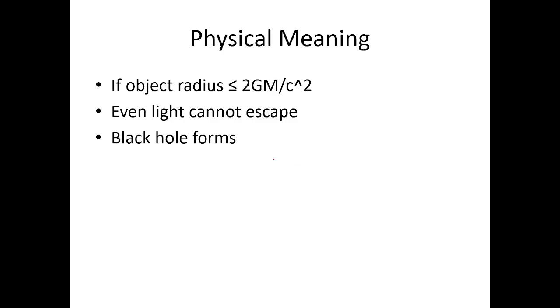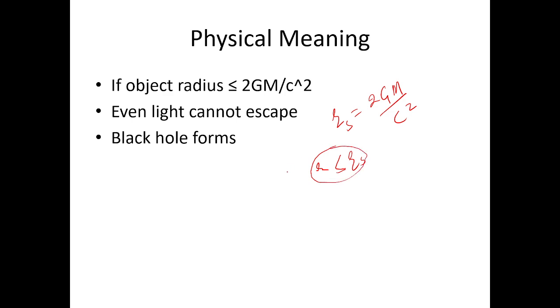So for an object whose radius is less than the Schwarzschild radius, where the Schwarzschild radius is 2GM over c squared, if r is less than or equal to the Schwarzschild radius, in that situation we get a black hole.